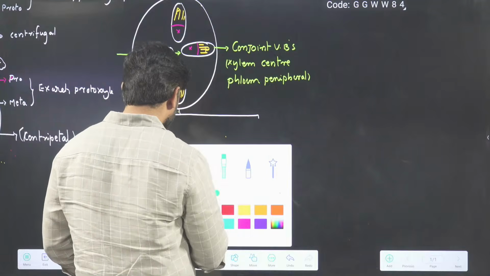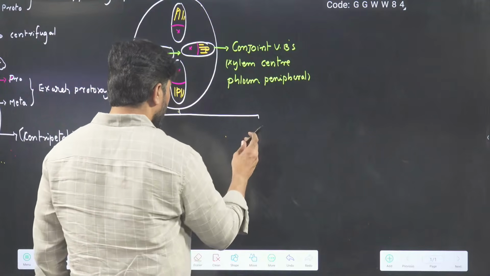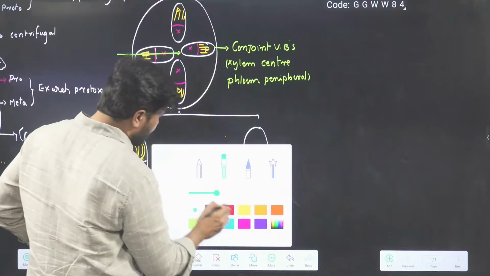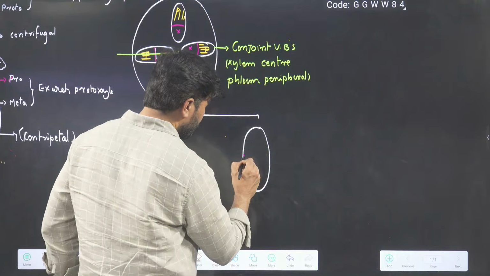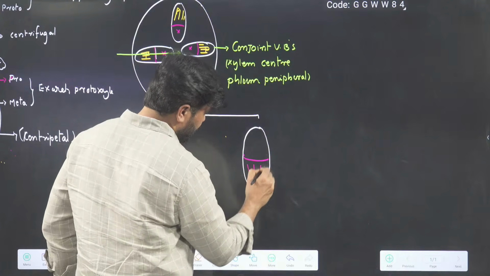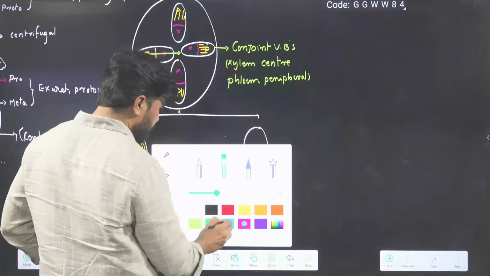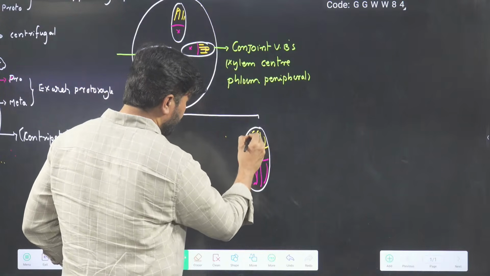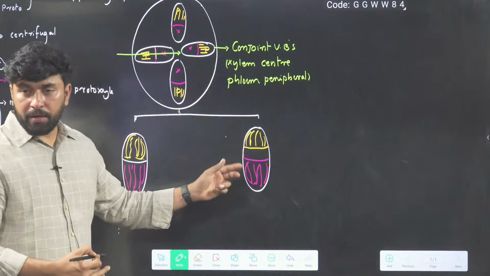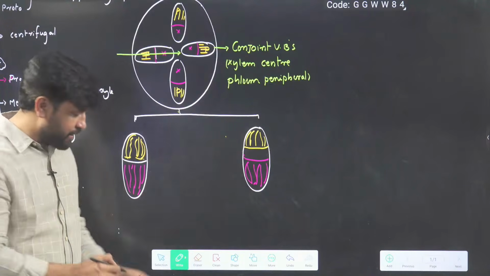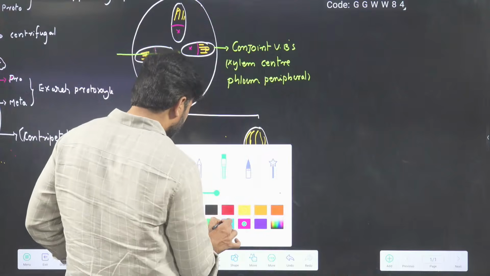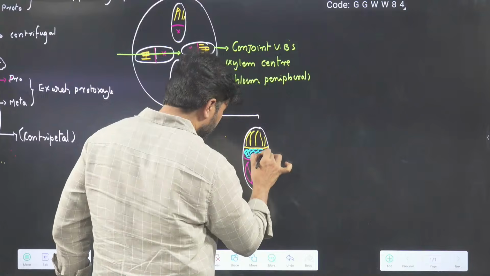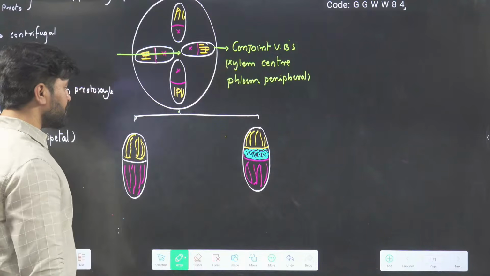Xylem present at the center, phloem present at the periphery, in the same radius, but with a special type of cambial cells present between them.